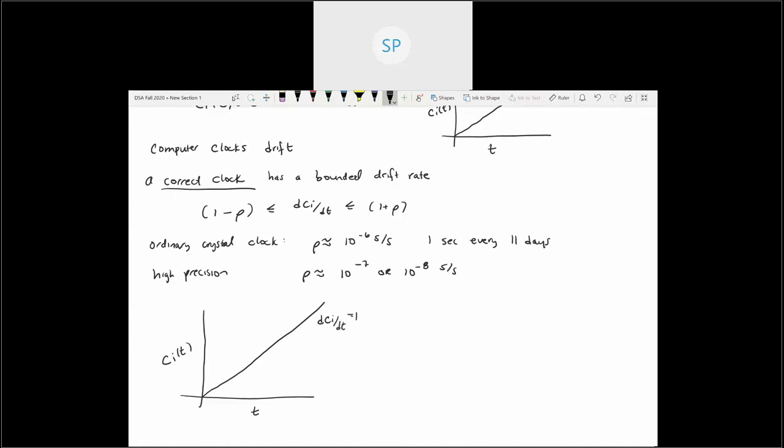Then we can still have a correct clock that can go that way or that way. This slow clock would have the derivative of 1 minus rho. And then a clock that's drifting fast would have a derivative of 1 plus rho.